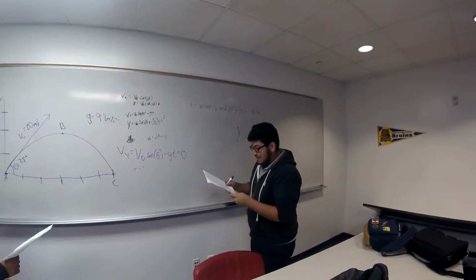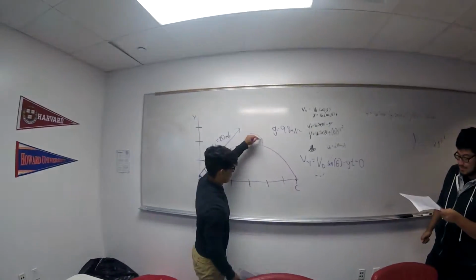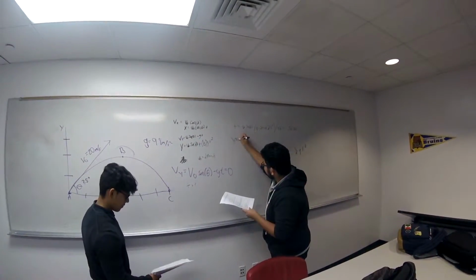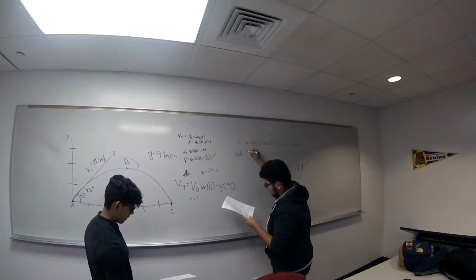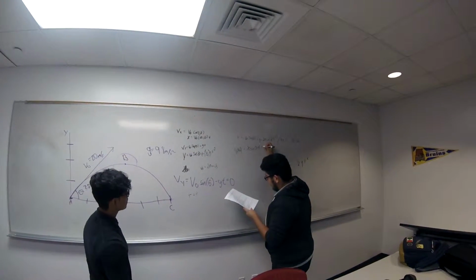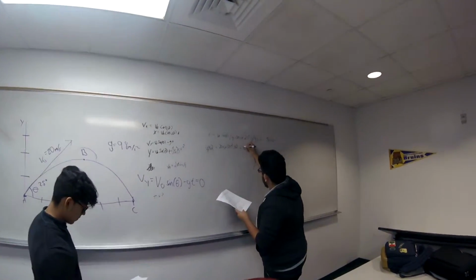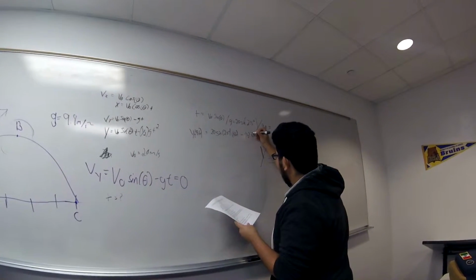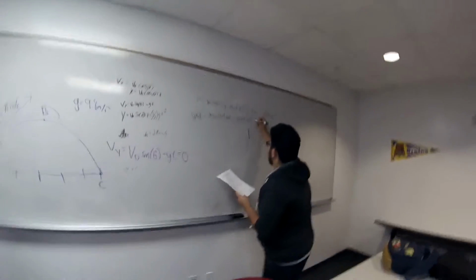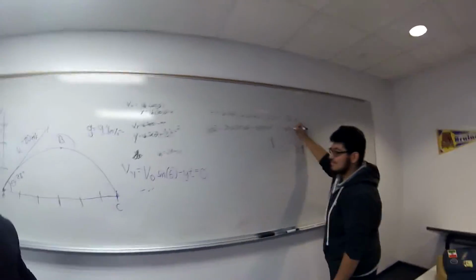To find the maximum height, by substituting t with 0.86 in the formula for y, the maximum height would equal all of that together, which is 3.64 meters, the maximum height on the graph.